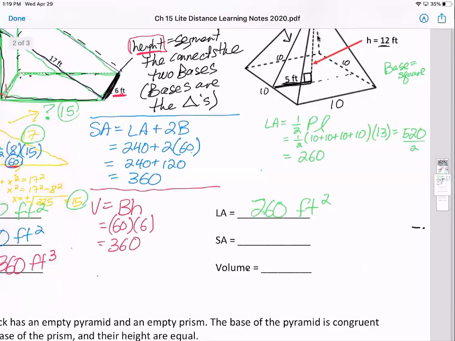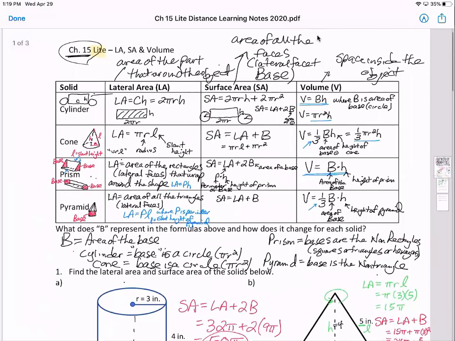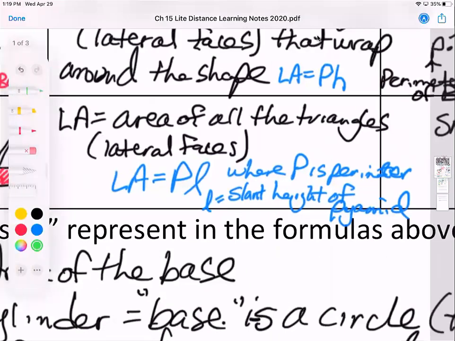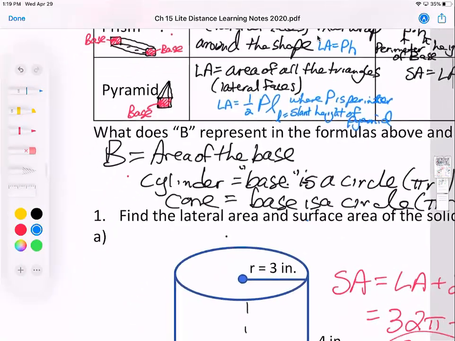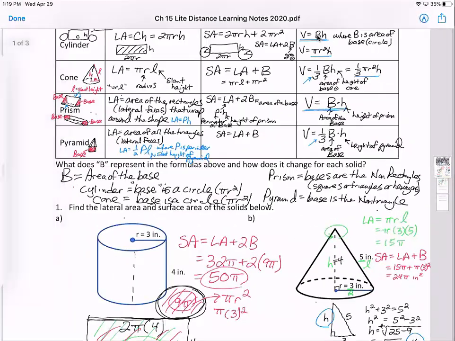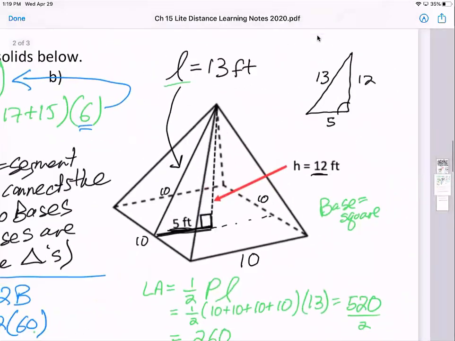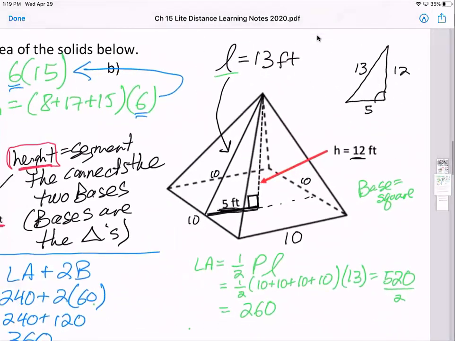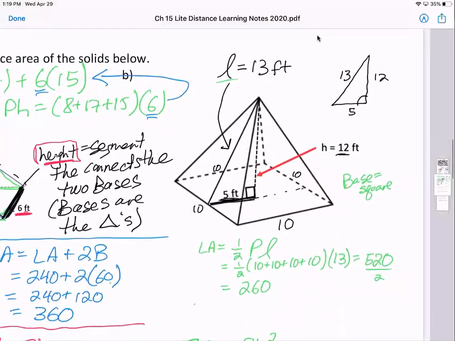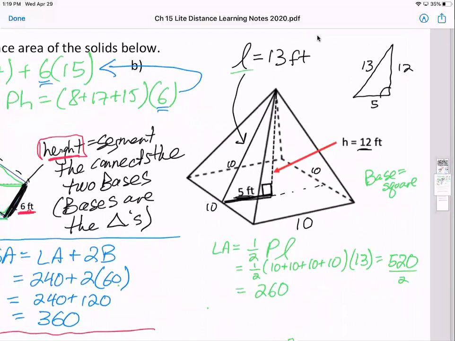Then let's go back and edit this formula one last time. Again, my apologies. 1/2 the perimeter times the slant height. I typically don't use the formulas. I usually just draw the net, but no excuse. All right, so we have the lateral area is 260.